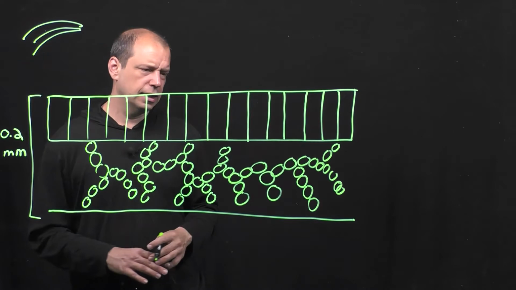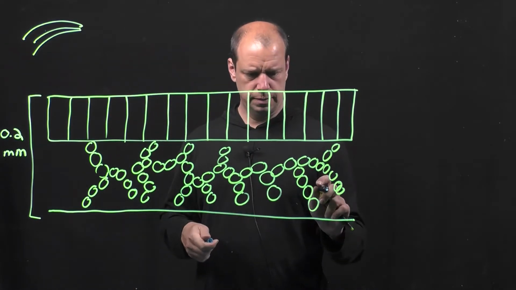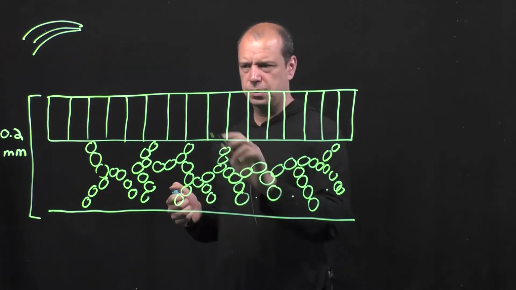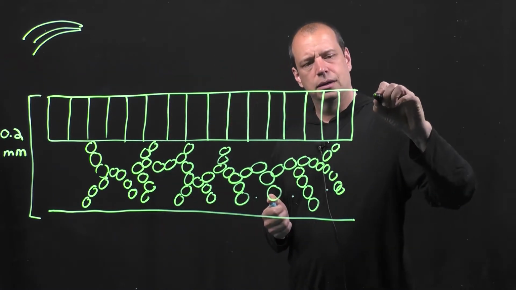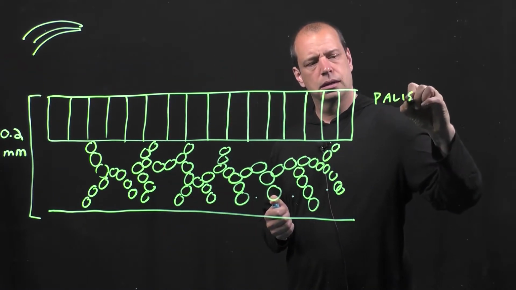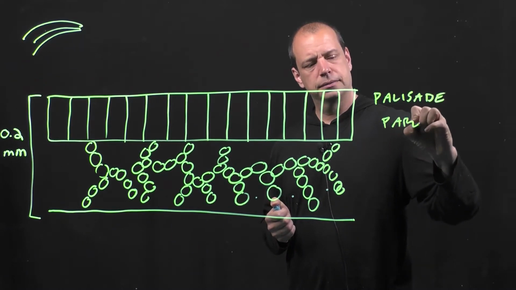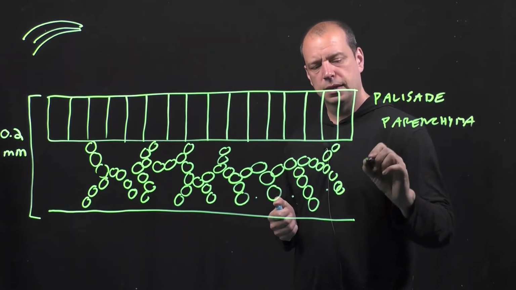So this is empty space. And these green cells, the ones on the top side of the leaf, are called palisade parenchyma.